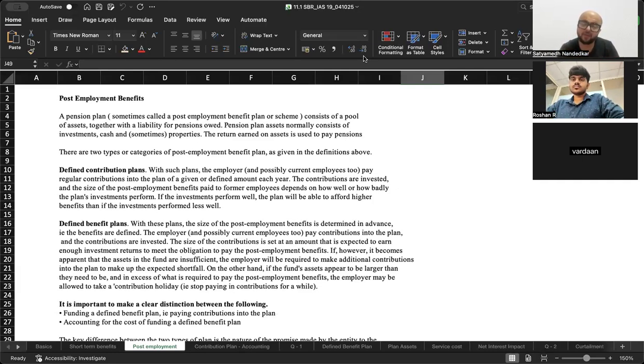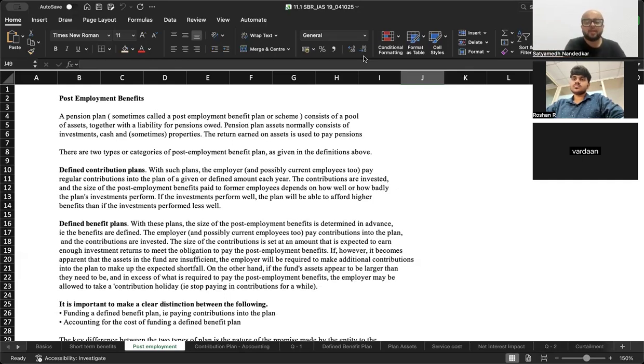A defined benefit plan, on the other hand, is something where the final benefit is promised to you and the amount of contribution will change every year depending on the economic conditions, depending on the circumstances. Now think about it. Say I have promised Roshan that when you become 30, for example, you will be given a cash gift of 3 lakh rupees.